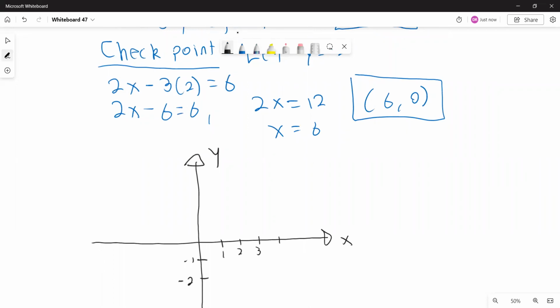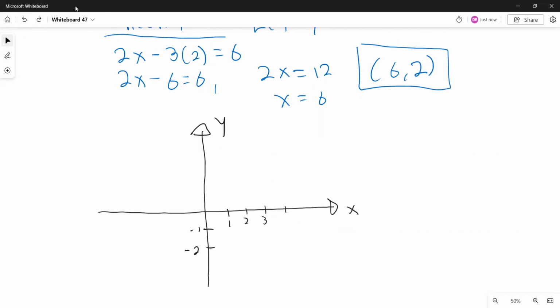That was (6, 2). And yes, we also got y equals 2. So let's plot the points. Finally, we got (0, -2), (3, 0), and (6, 2). Okay, so that's the graph of the line.